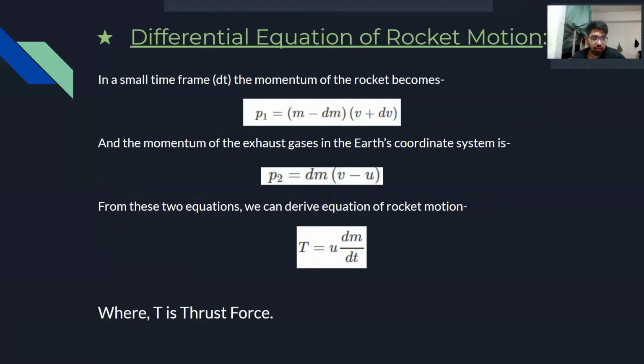And after that, we'll apply the law of conservation of the total momentum of the system for these two equations and differentiate the result that we get with respect to t, that is time, and we will get our equation: T is equal to u into dm by dt.